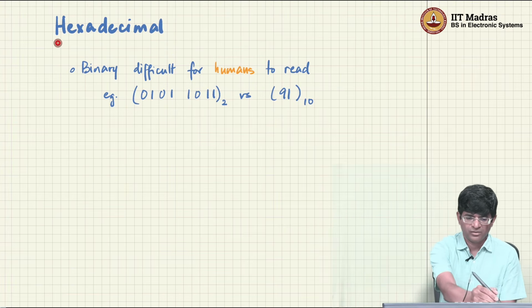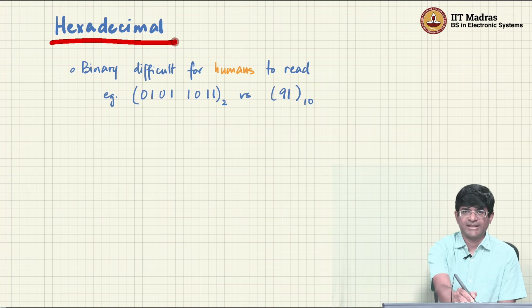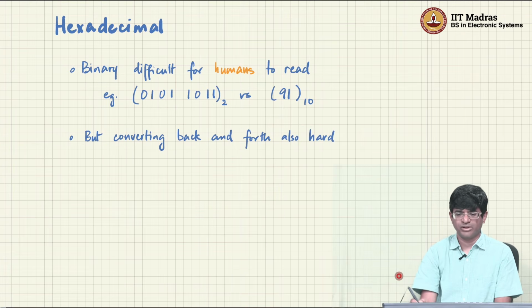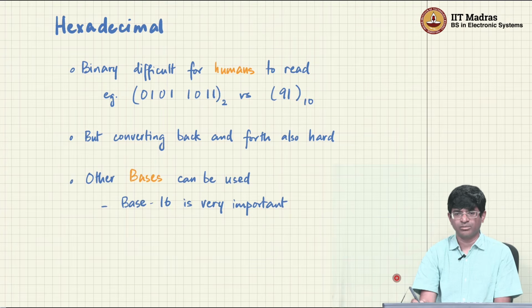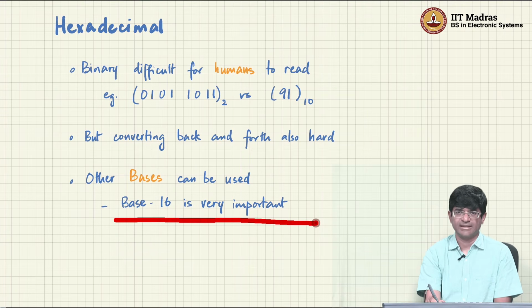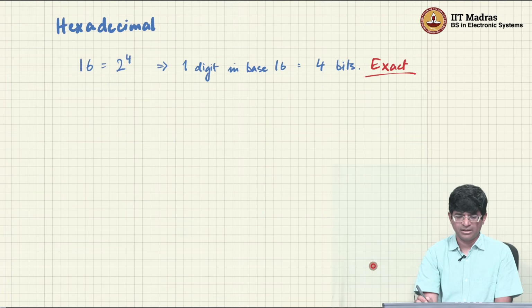So as the alternative, what we do is we bring in hexadecimal, right? What is hexadecimal? It basically says that, look, this number is using 2 as the base, this number is using 10 as the base. There was nothing restricting you from using any other base, and in particular I am going to try and work with base 16. Why 16?